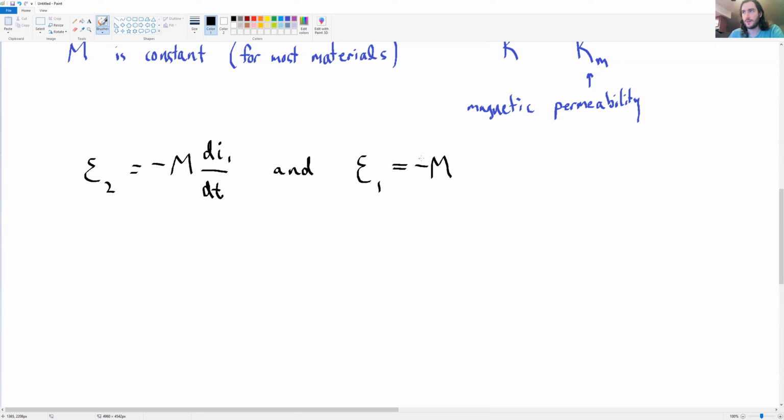So you take 2 solenoids, you put them next to each other, there's only 1 mutual inductance.